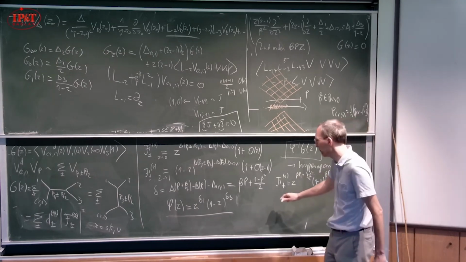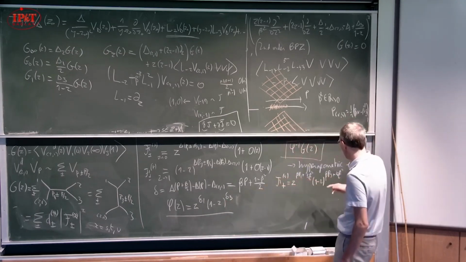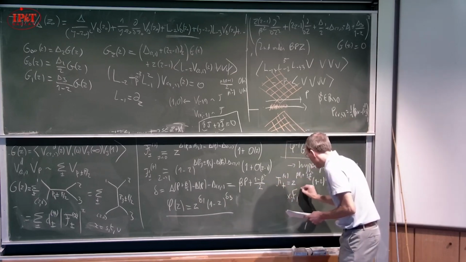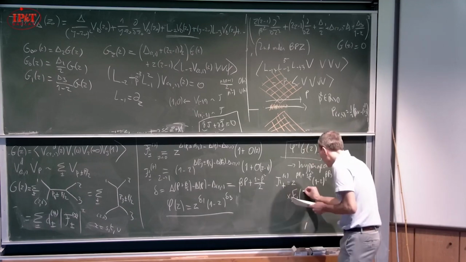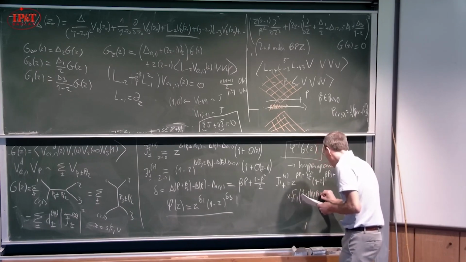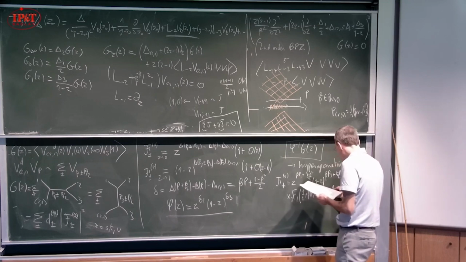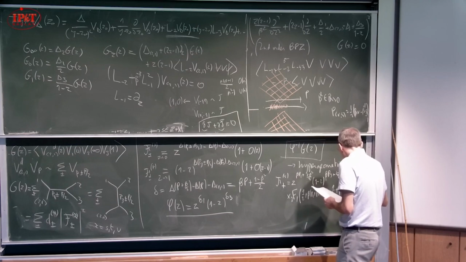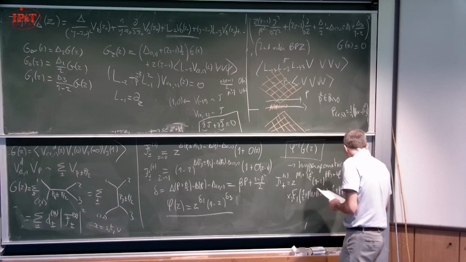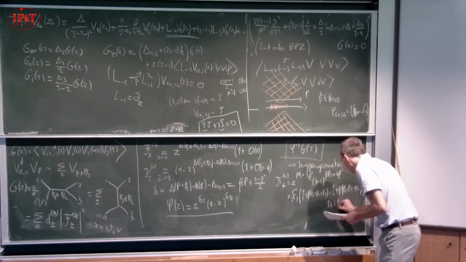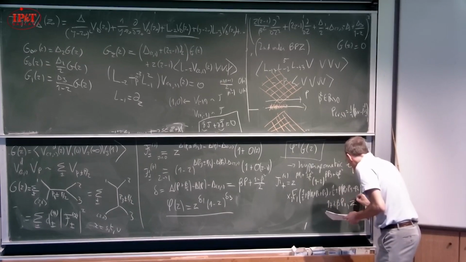So here I'm copying my prefactor phi, and the rest is a hypergeometric function 2F1 with the arguments 1/2 plus beta (P1 plus P2 plus P3), 1/2 plus beta (P1 plus P3 minus P2), 1 plus 2 beta P1, z.